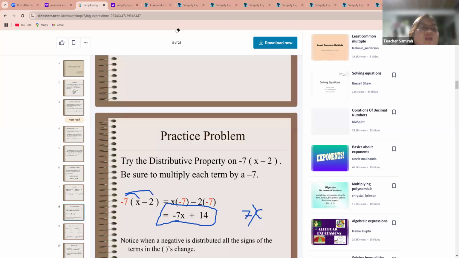Okay, I would like to remove this one first. Is Mark correct that I can combine these two? Anyone? What do you think? Can I combine negative 7x and positive 14?